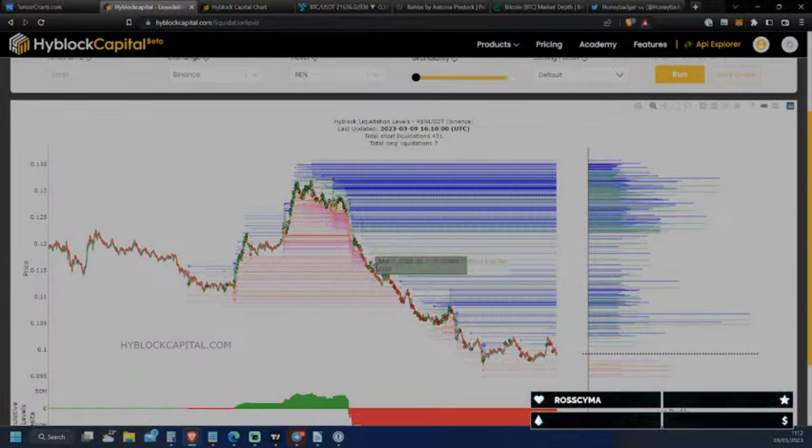We don't generally go down just in a straight line. We could have a kind of A, B, C, with this being an A and then a B wave up and then a final C wave down type thing. Something along those lines.